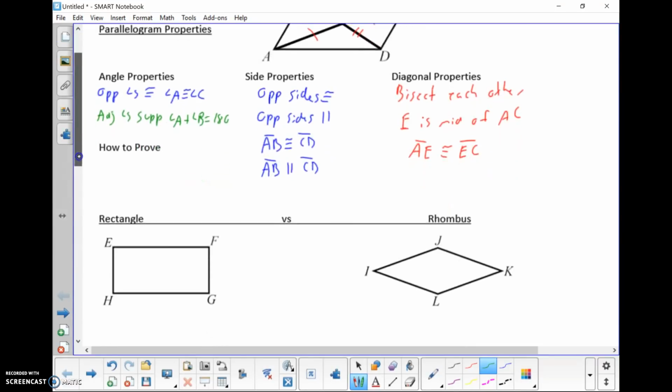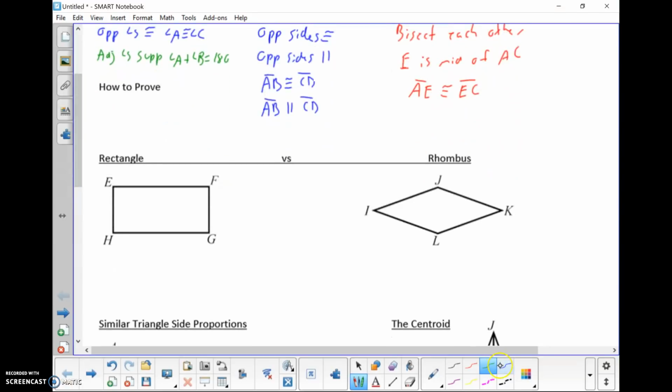And how do you prove a parallelogram? There's 4 ways to prove a parallelogram. Both pairs of opposite sides congruent. That's one.